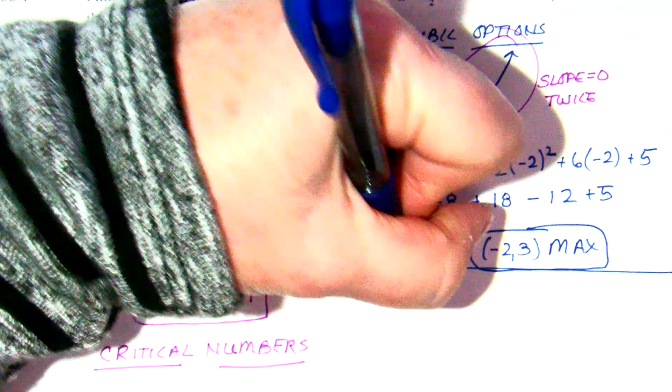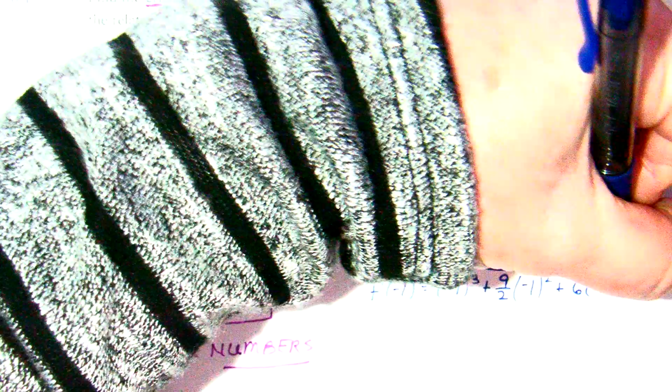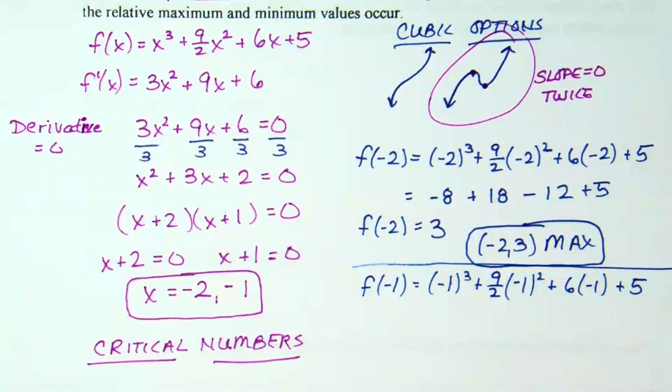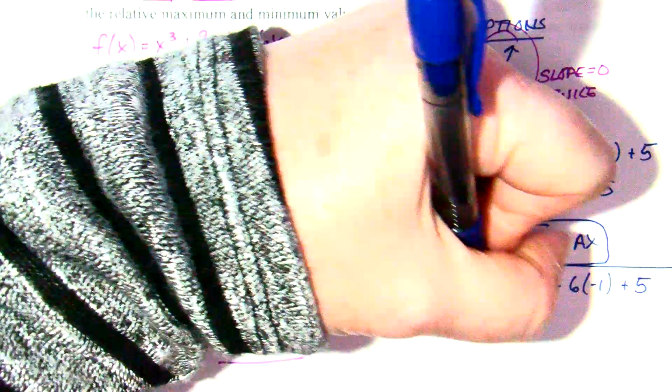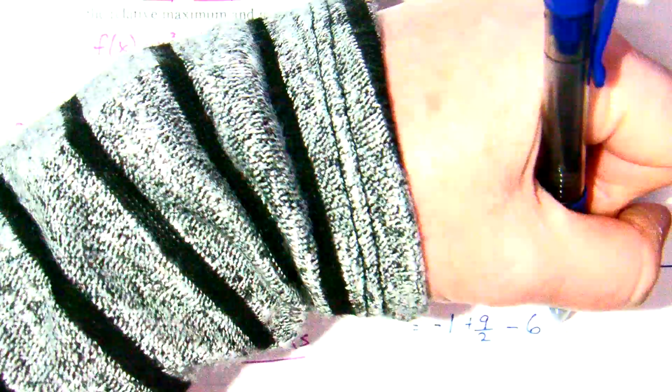-1 to the third plus 9/2 times -1 squared plus 6 times -1 plus 5. Notice I'm using the original equation again. Let's see. -1 to the third is -1. -1 squared, positive 1 times 9/2 plus 9/2. 6 times -1, so -6 plus 5.